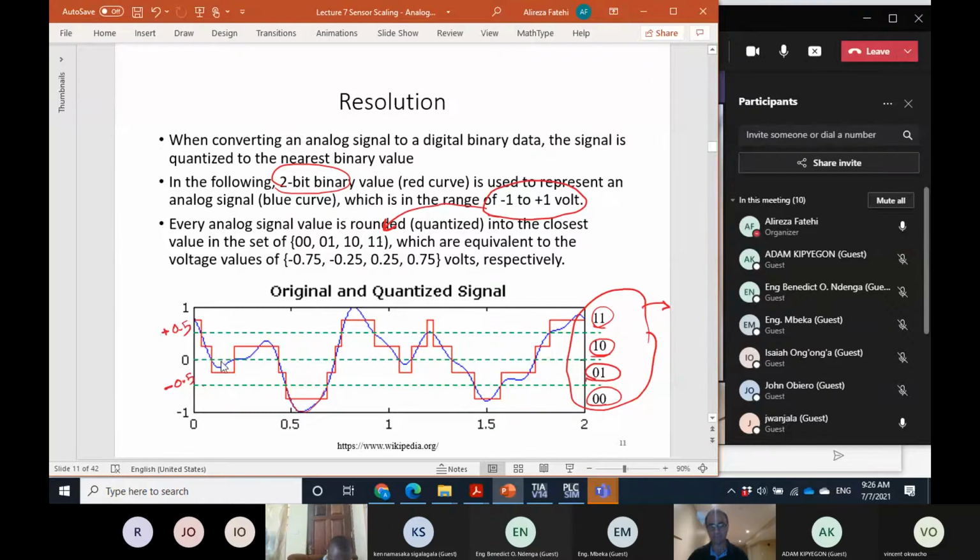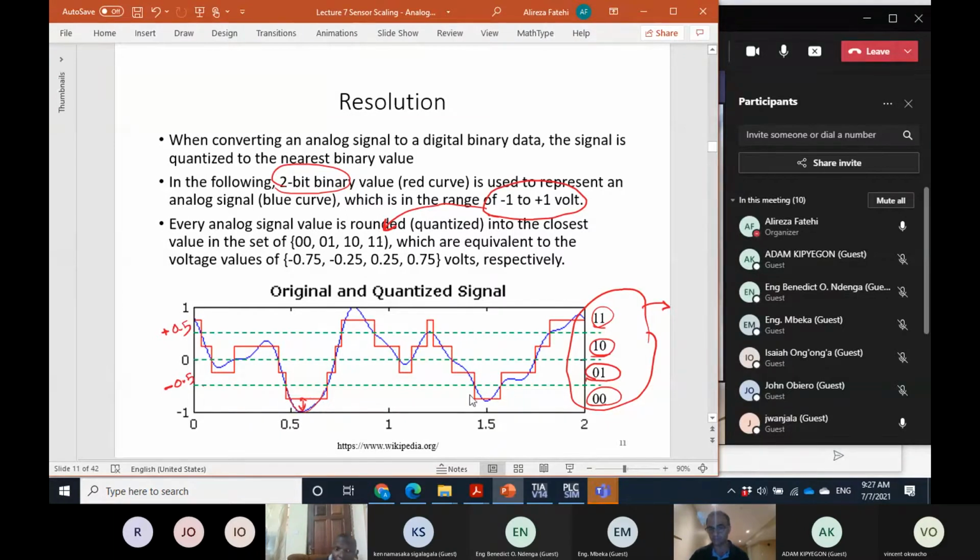And you see that the red signal somehow follows the blue signal, the actual signal, but it's not accurate. There's a big error, or let's say a large difference between the actual signal and the signal represented by the red signal.